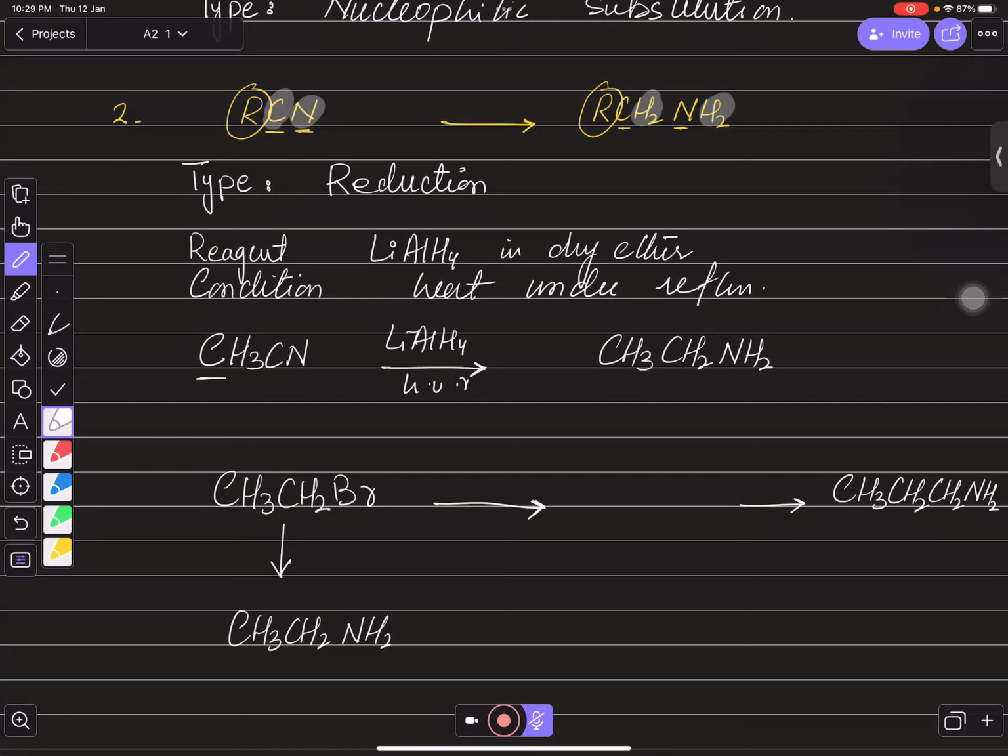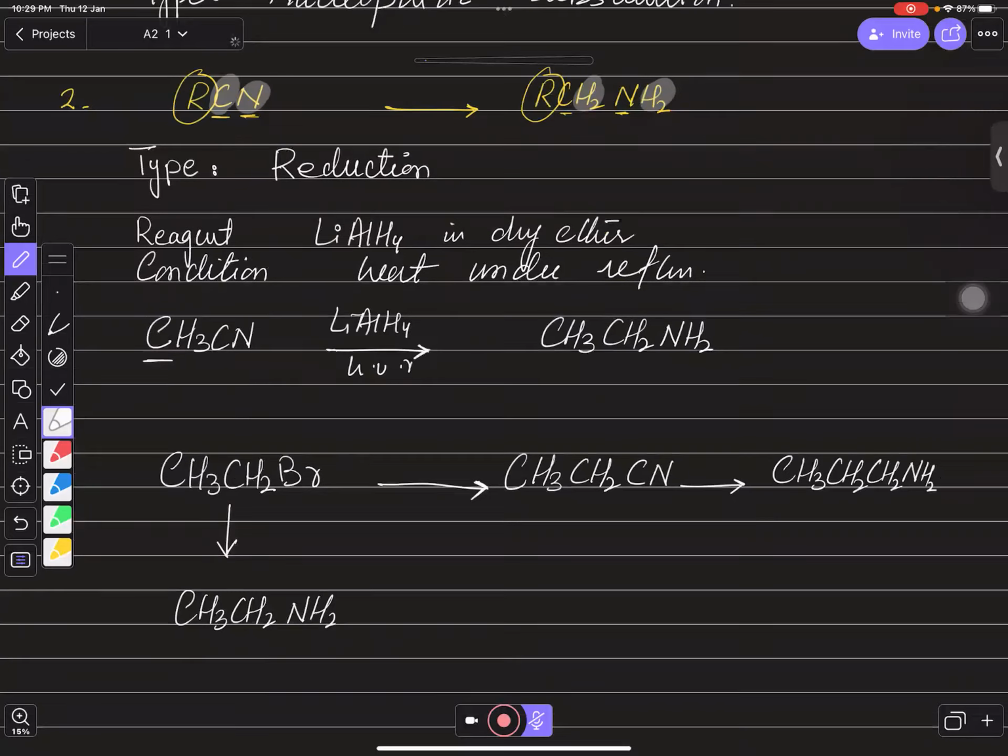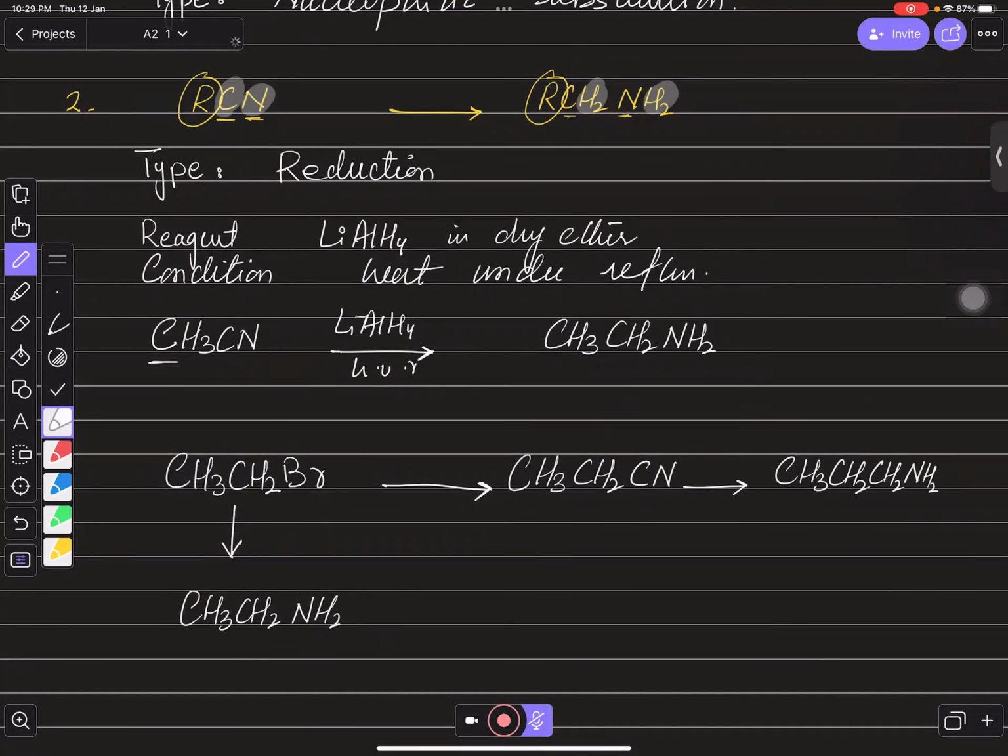So if you want to add one more carbon to the chain, you must place CN over there. So I just need to substitute CN over there first, and then reduce this more. In this way, I can add one more carbon into the chain, right?